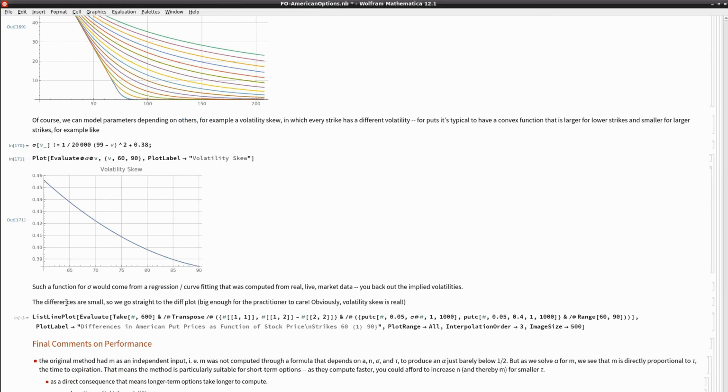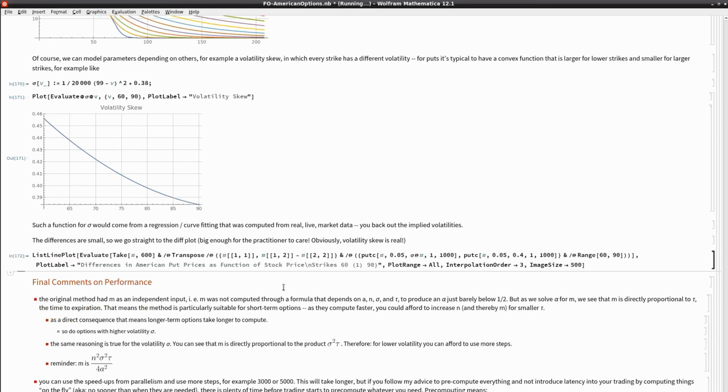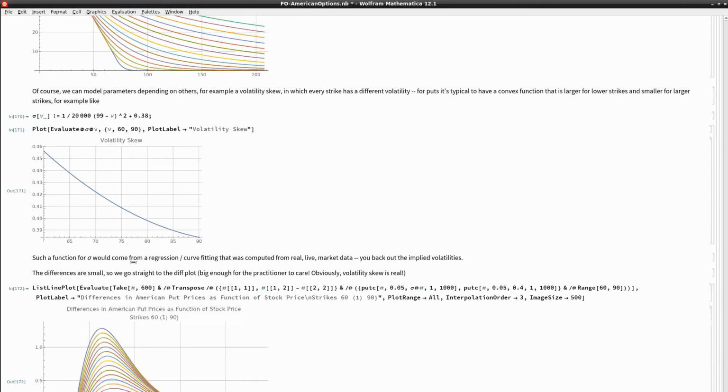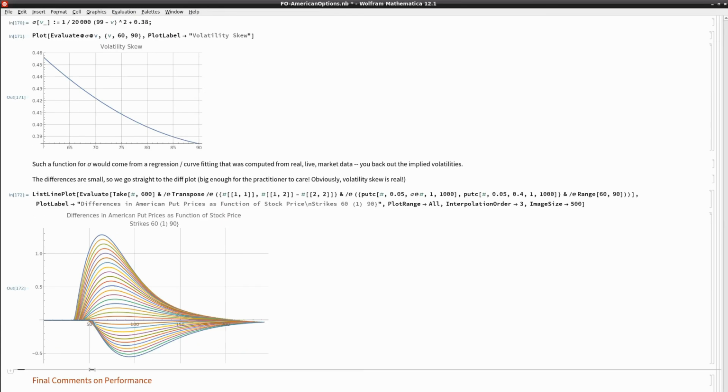Okay, so here the differences are pretty small compared to constant volatility computation, right? So here for comparison, I use a constant 40%, and in the other case, I use our volatility function sigma of tau. And if we plot these differences, then we clearly get different behavior in these prices. Again, this is not an error plot, it's a difference plot.